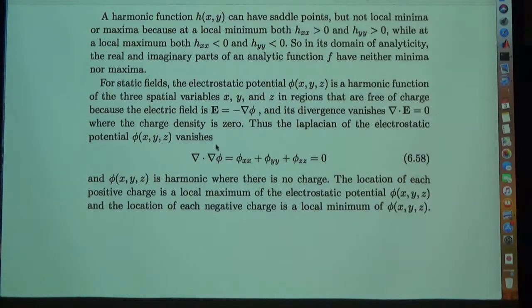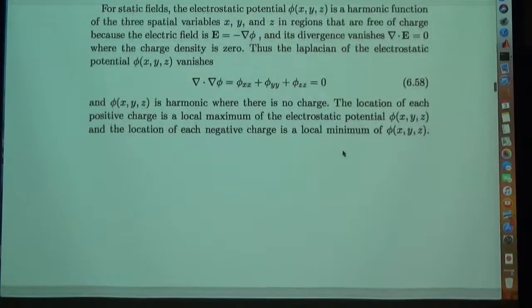So that means that the Laplacian of phi vanishes. And so the electrostatic potential is harmonic in the more general sense of being three-dimensionally harmonic. Namely that phi xx plus phi yy plus phi zz is 0. So that means that in a region with no charge, the electrostatic potential can have no minima and no maxima.